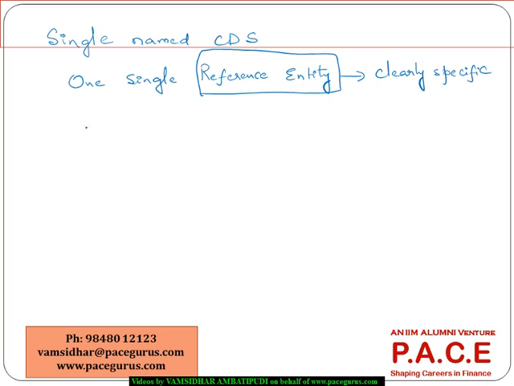Otherwise, whenever we are talking about a credit default swap, it is an agreement between a CDS buyer, who on the other side is also a protection buyer, and a CDS seller, who is the protection seller.